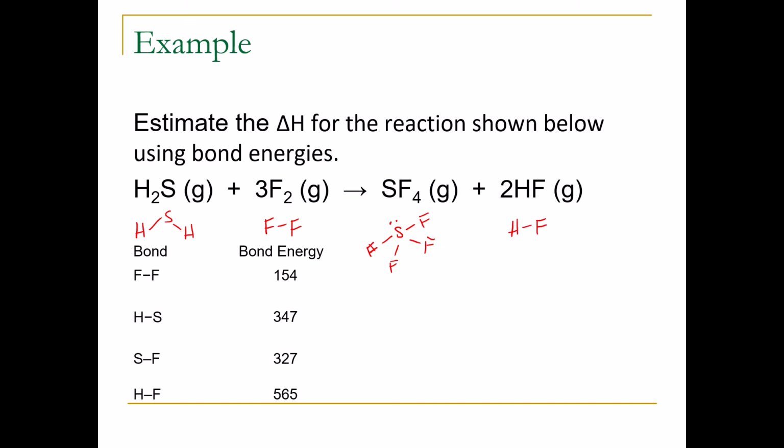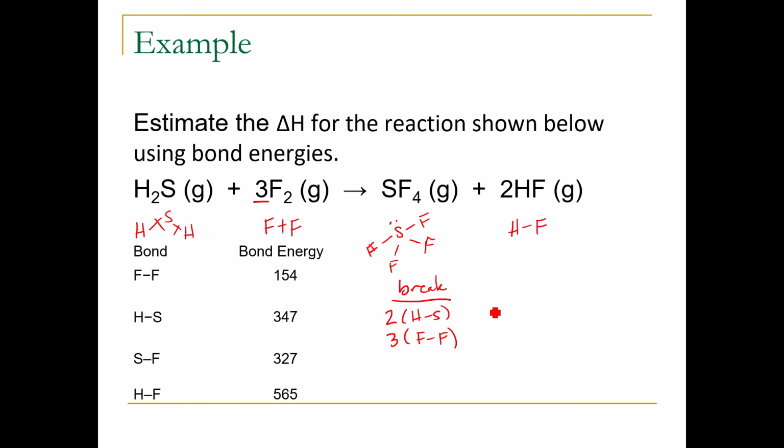We can draw all of our Lewis structures. Now we want to start assigning. Under the breaking category, breaking bonds, I need to break 2 of my HS bonds, so that's these two. I need to break 3 of my FF bonds because I have a coefficient of 3, breaking all of those.